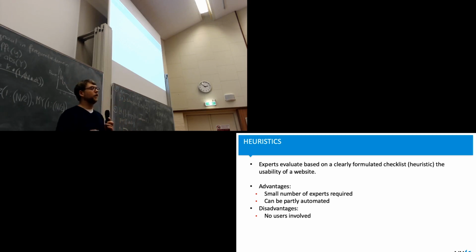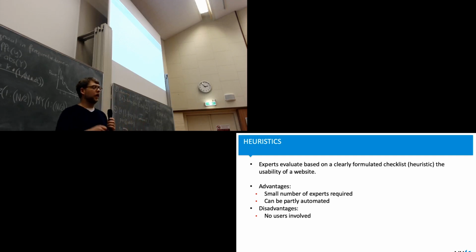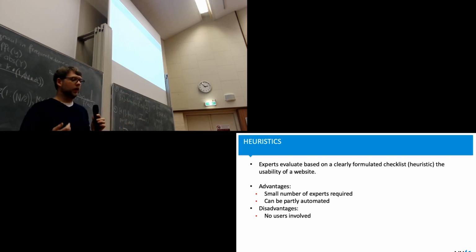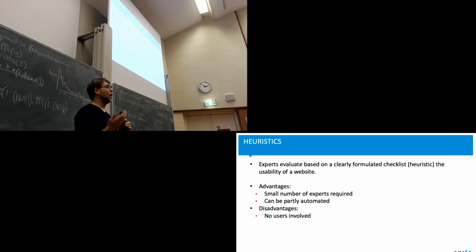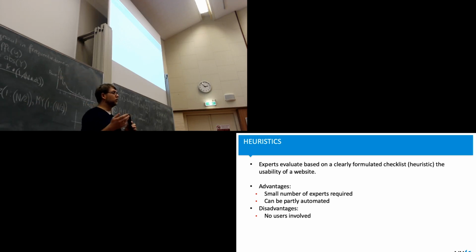And then the approach is you have a checklist. You give the checklist to usability experts, and they rate the usability of your web page based on their experience and on the checklist, in a well-defined structure. And this can also partly be automated. So, for example, if you use colors that are matching on a web page, this is something a program can actually check for you.